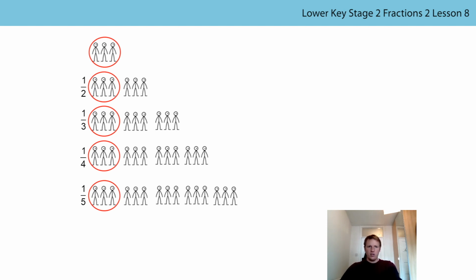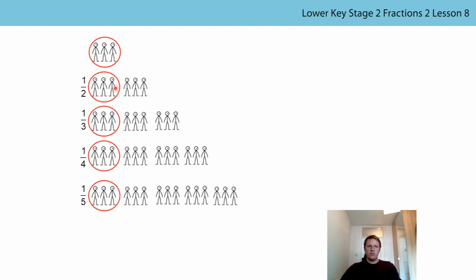I'm going to start off with the first thing that I noticed. I noticed in each row there is 1 red group, and in each of those red parts there are 3 children in that part. So that is the same. Is there anything else the same? Oh, every group there is the same number of children.